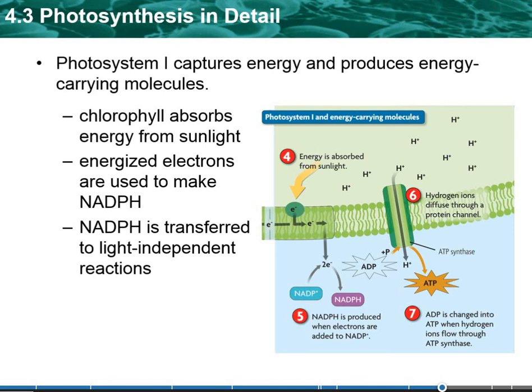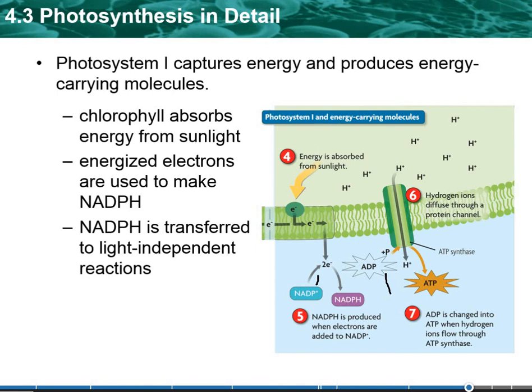So that is what is happening at this point in time. And also during this point in time, you can see that the ADP right there is being turned into ATP as well. And then right over here was the NADP+ getting turned into NADPH.